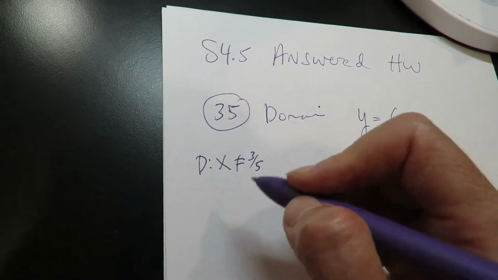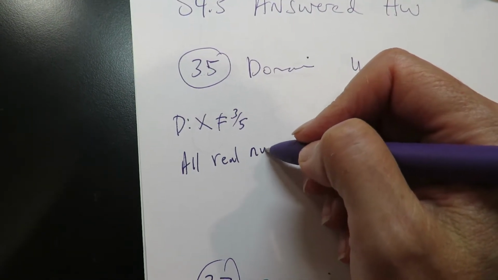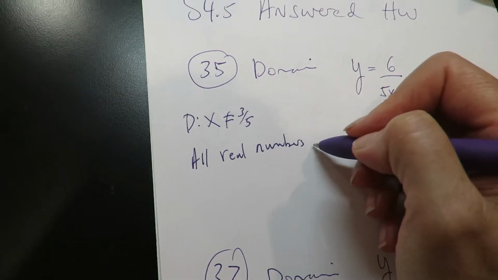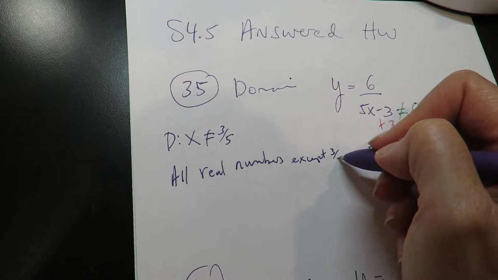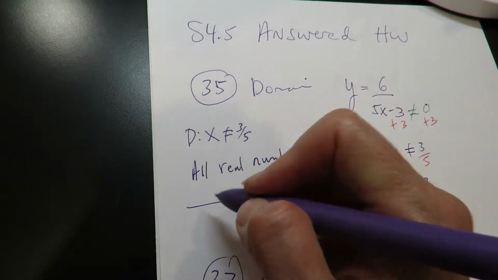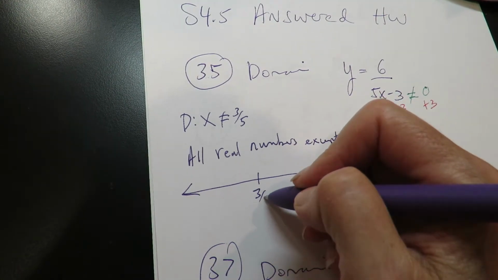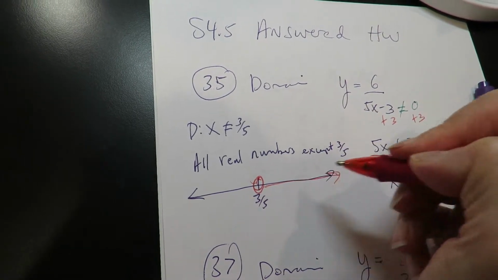All right, so one way to write it is that, or you could say all real numbers except 3/5. Or if you want, you can do the fancy notation for this.